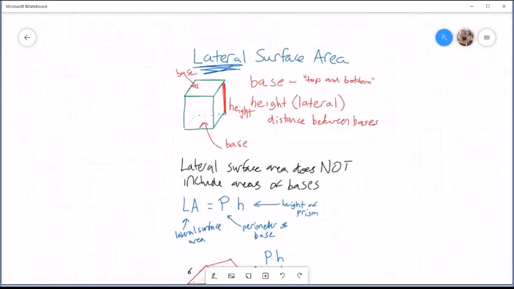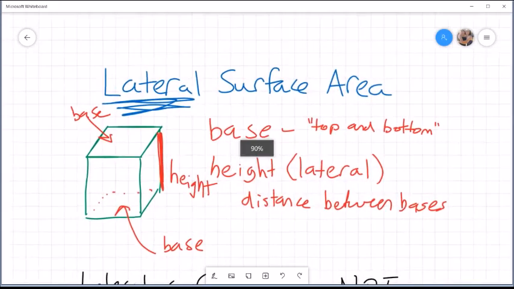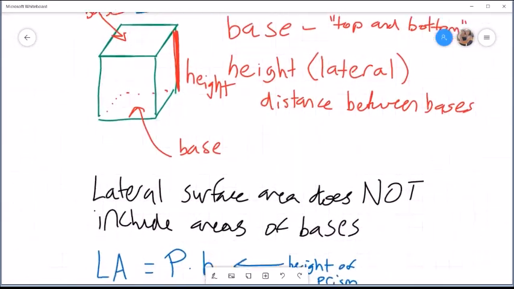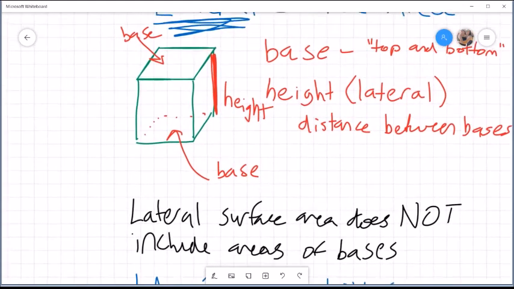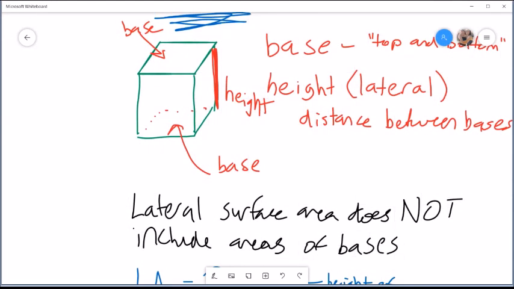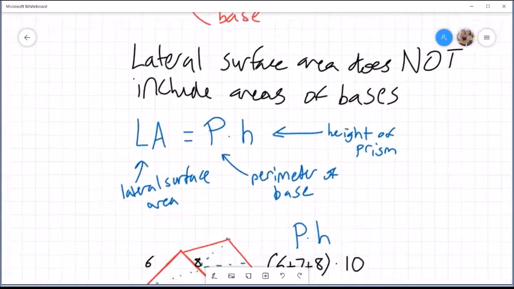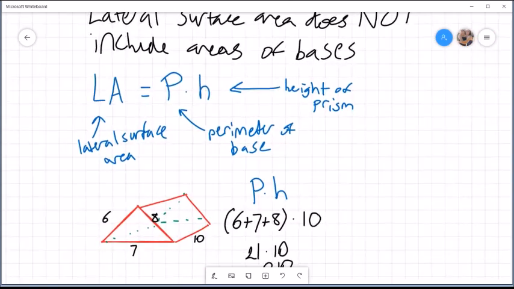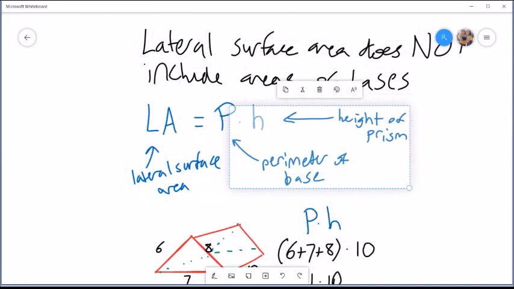So just to recap, your lateral surface area is just finding the distance around. It does not include the areas of the bases. It's like a label on a soup can. It goes around, it doesn't count the top and the bottom. You find the lateral surface area by taking the perimeter of the base, multiplying it by the height.